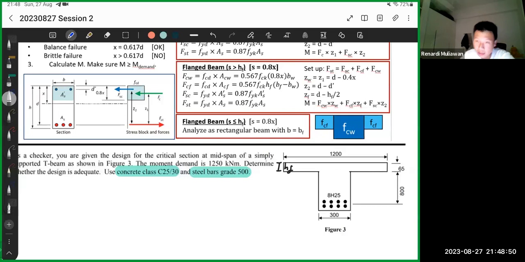We usually divide it into two, FCW and FCF: the force of concrete in the web and the force of concrete in the flange. This image represents that. I'll use red. FCF is both of these combined, and FCW is this. Let's start with FCW.